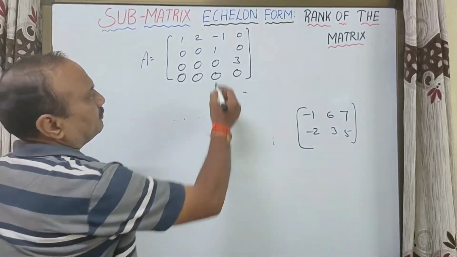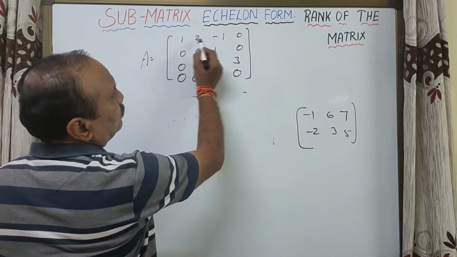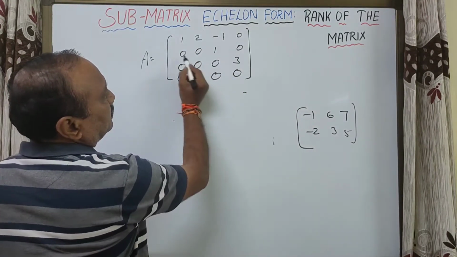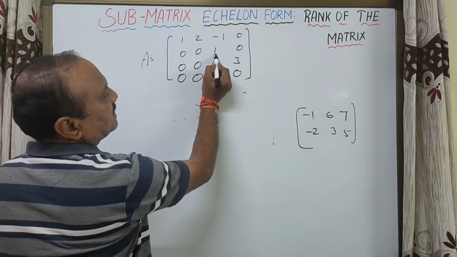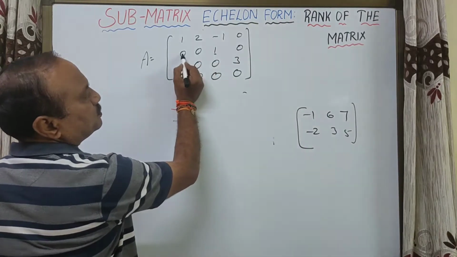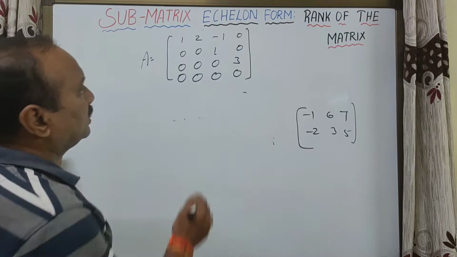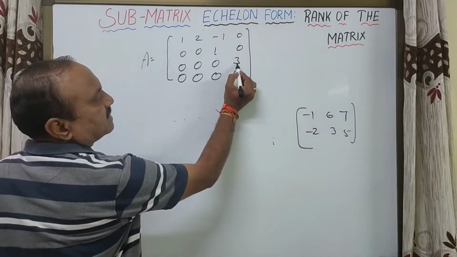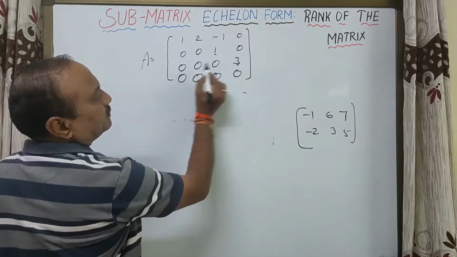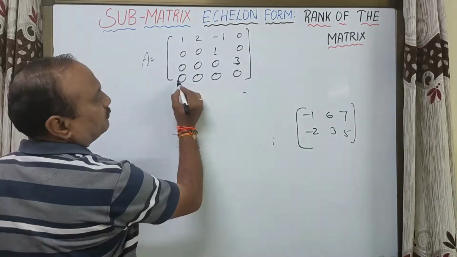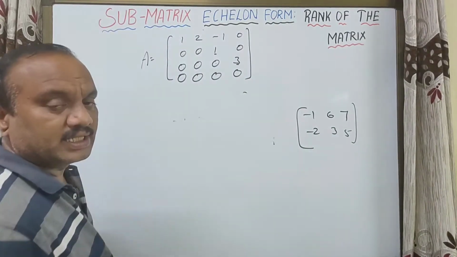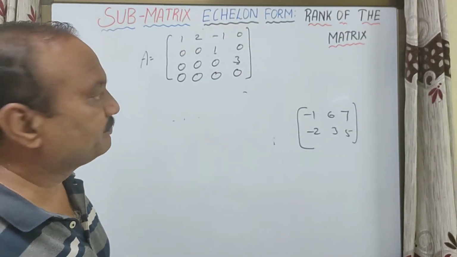See, from top to bottom, if you see the rows, in the second row, 1 is the first significant figure. Before that we have 2 zeros. We don't know the value of 0. In third row, first significant figure is 3. Before that we have 3 zeros. In fourth row, all elements are zeros.